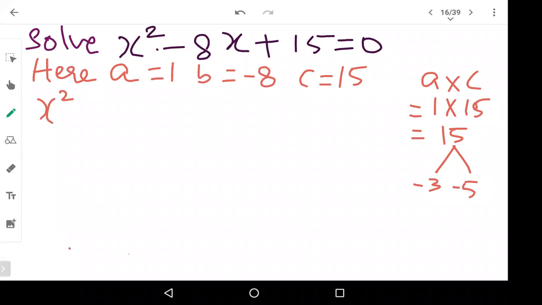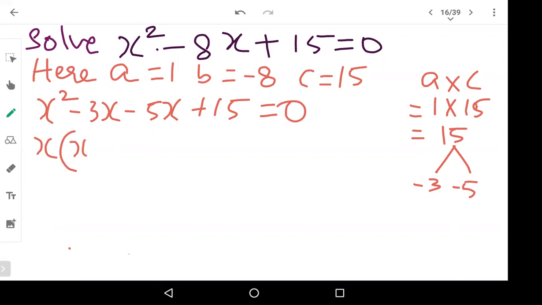X square minus 3x minus 5x plus 15 is equal to 0. So x, if I take common, x minus 3. Here also I'll have x minus 3. So I can take minus 5 as common is equal to 0.